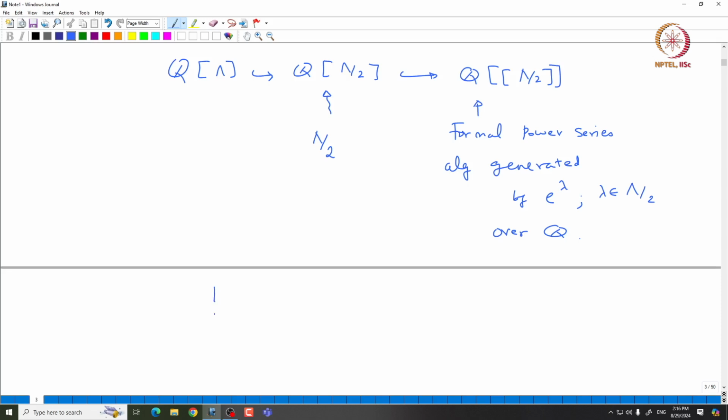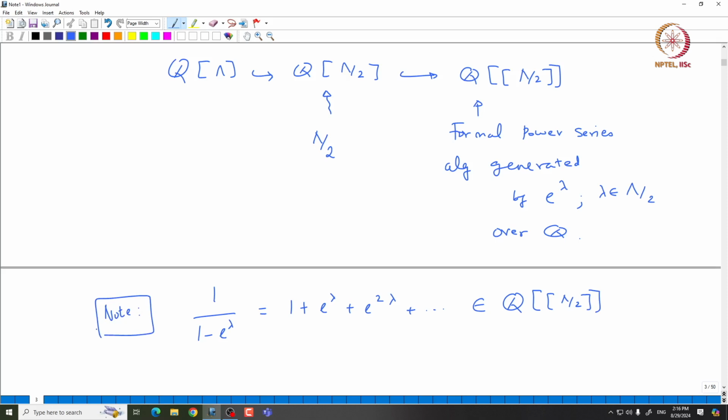If we take 1 divided by 1 minus e power lambda, this is equal to 1 plus e power lambda plus e power 2 lambda plus so on. This identity holds inside the formal power series algebra or ring. This is the only thing that we need.